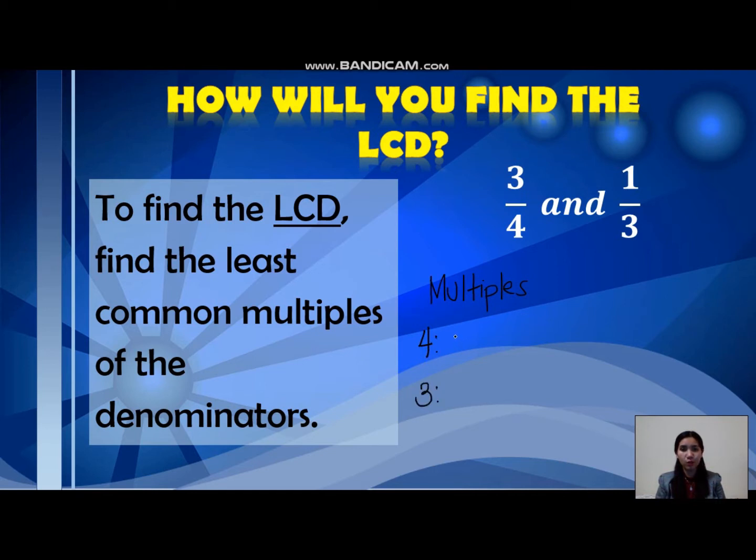So for 4, we have 4, 8, 12, 16, and so on. For 3, we have 3, 6, 9, 12, and so on. We need to stop since we have already found the least common multiple. We have 12. Therefore, the LCD of 4 and 3, or these fractions, is 12.